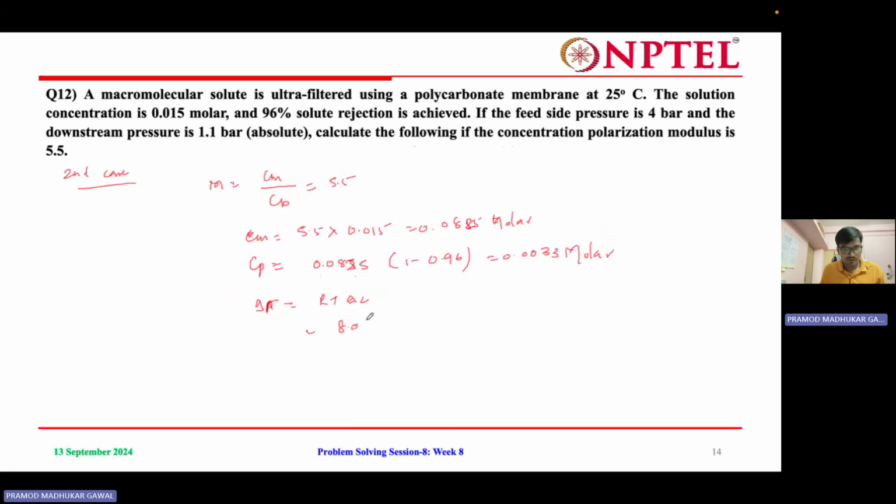So 0.0821 into 1.013 into 298 into Cm, 0.0825 minus 0.0033, right? That gives 1.963 bar.